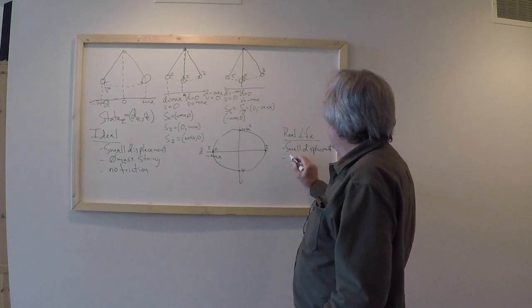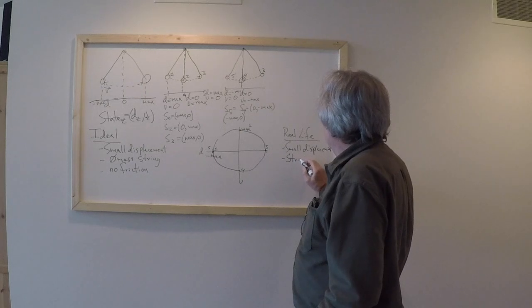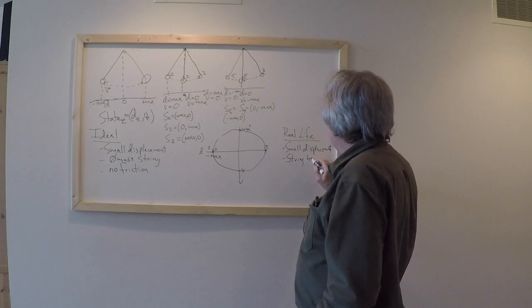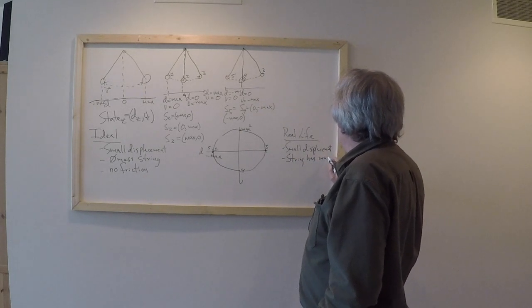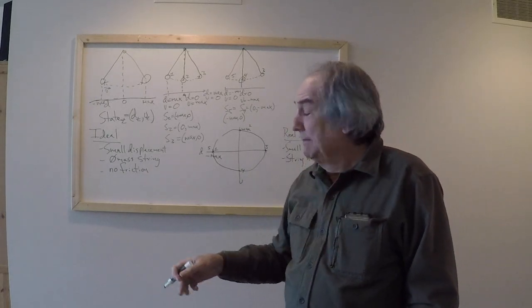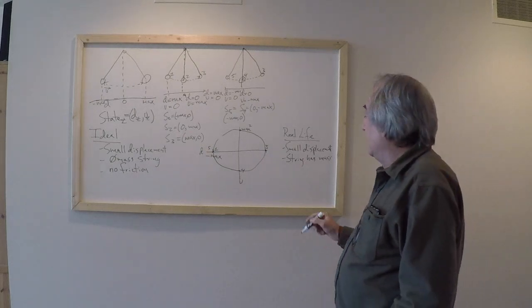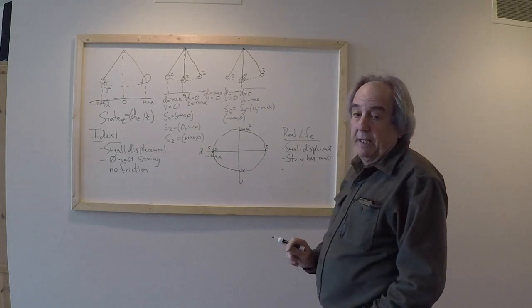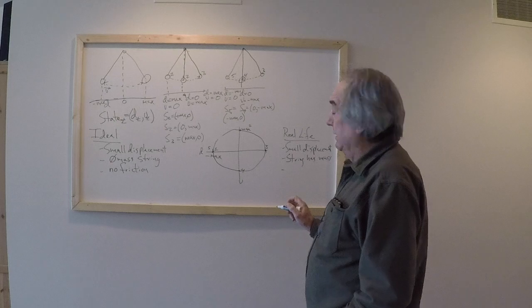In real life, the string has mass, but usually not very much. Usually 0 mass is good enough. But the thing we can't escape in real life is friction.